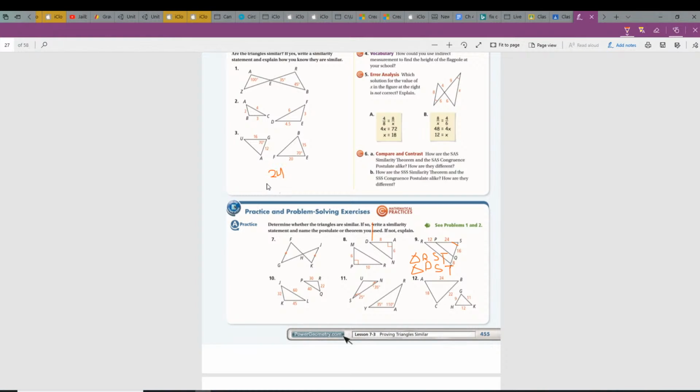24 divided by 16 is equal to 12 divided by 8.